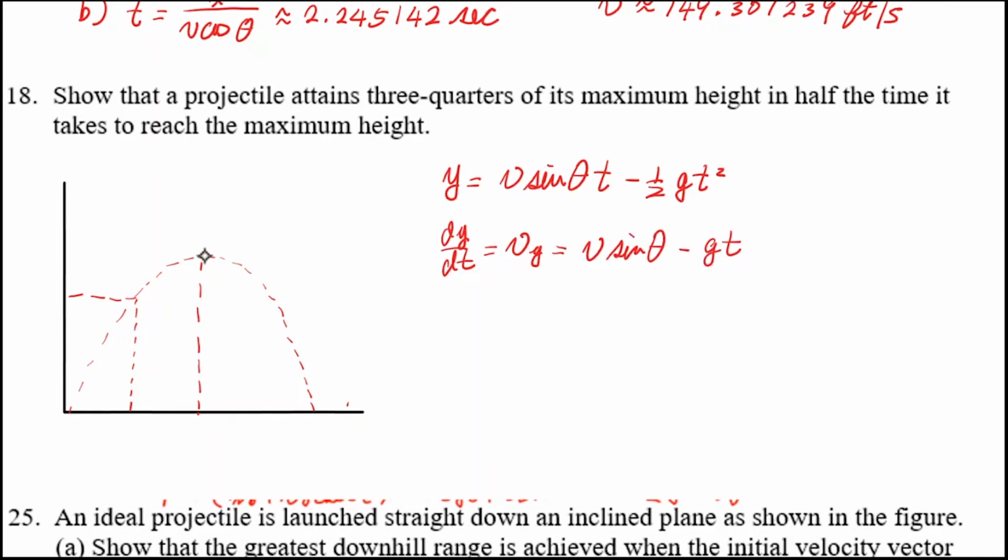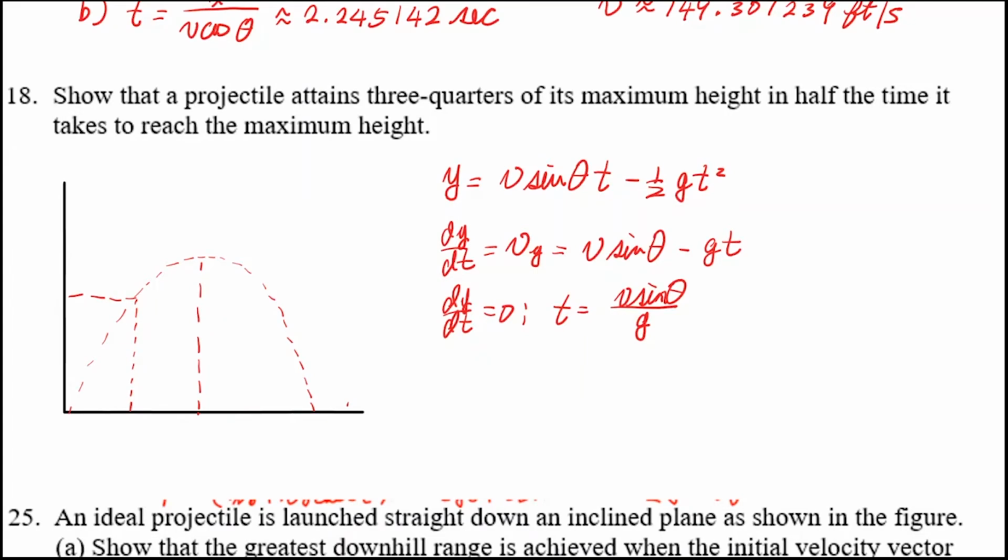And then up here is flat, meaning there's no motion in the y direction at the maximum, right? Take a derivative, set it equal to 0 to find the maximum. So if we set that to 0, then t here is equal to V sine theta over g. So far, so good.